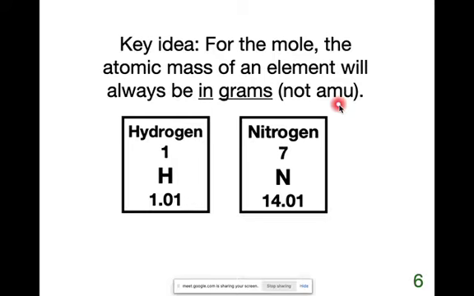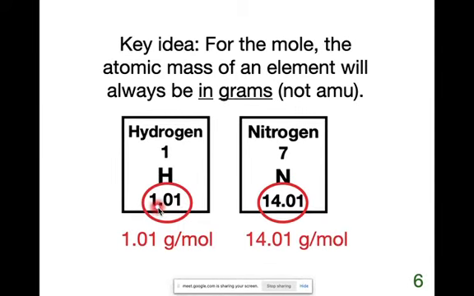But, and this is the whole beauty of the mole, rather than having the unit be AMU, if we simply convert that unit to grams, then for every element's atomic mass, the number that has decimal places, if we had that mass of an element, we would have 1 mole of that element.